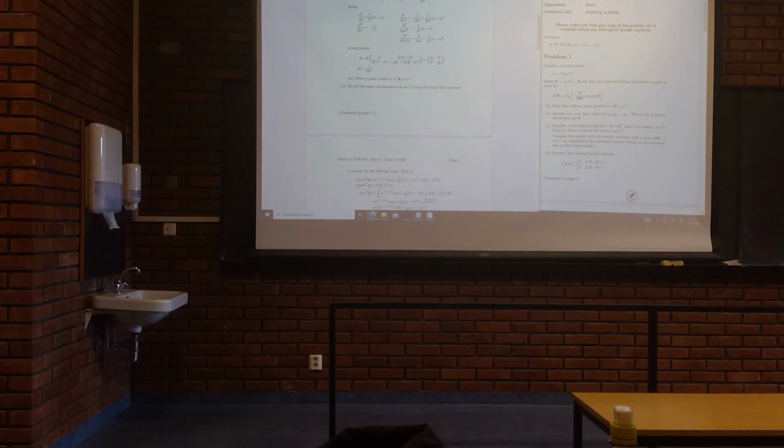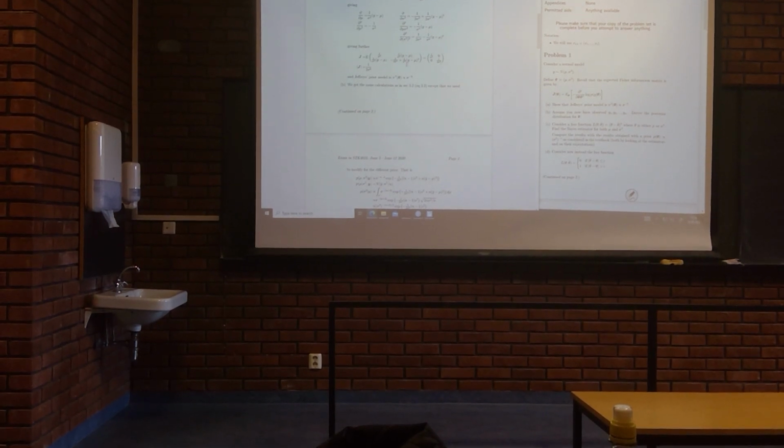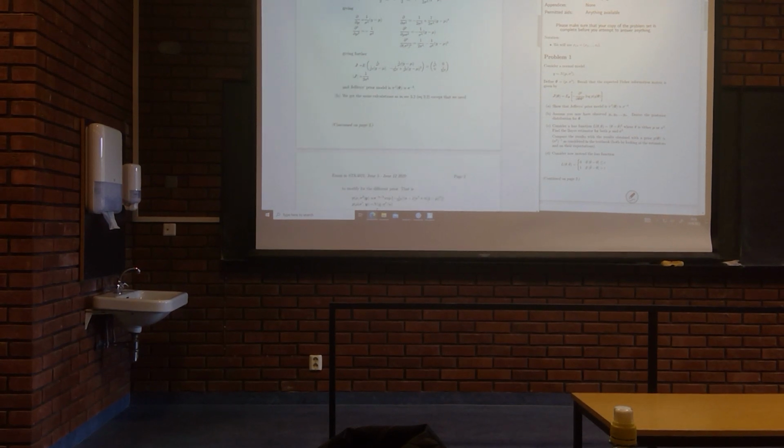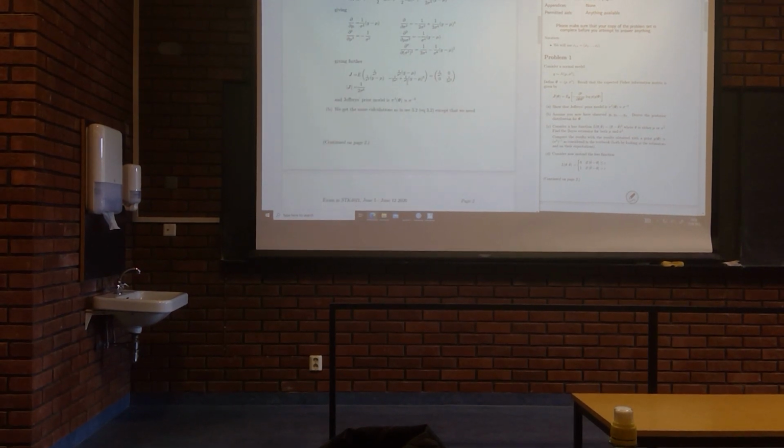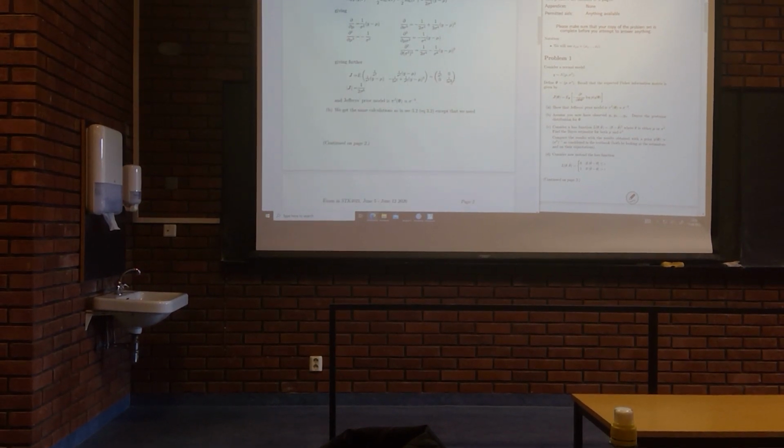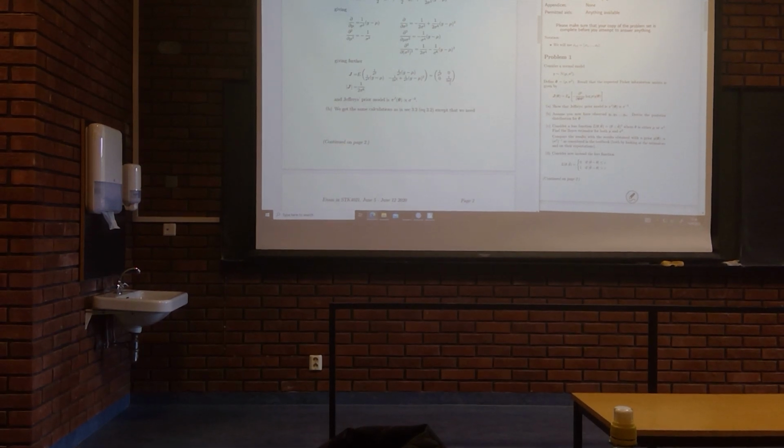For the last term, we have y minus mu to the power of 2. The expectation of that is sigma squared, and then it is divided by sigma to the power of 6, so we get an expression of 1 over sigma to the power of 4.